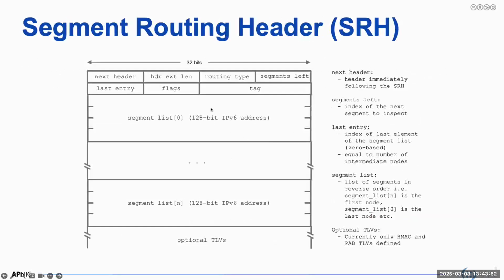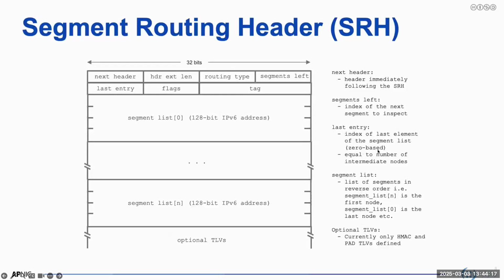So if we look in more detail into the segment routing header, we can see the different fields we have in this case. We have the next header field, which mentions the upper layer header we have, which is the segment routing header. Within the segment routing header, we have the last entry, the segment list, and the optional TLVs.